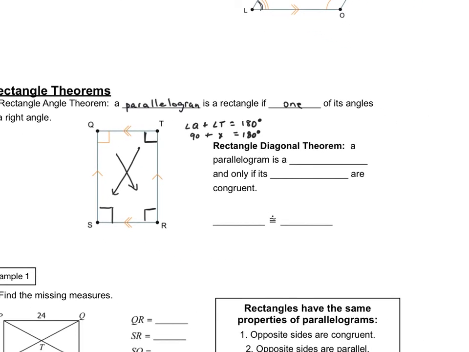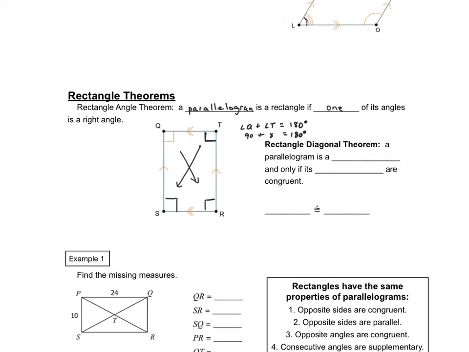And then the rectangle diagonal theorem. A parallelogram is a rectangle if and only if its diagonals are congruent. So we also find out here that the diagonals in a rectangle are going to be congruent. This segment is congruent to that segment.